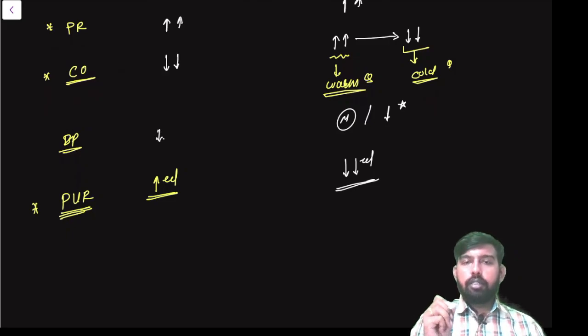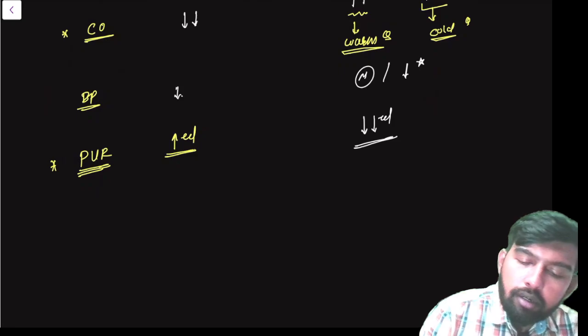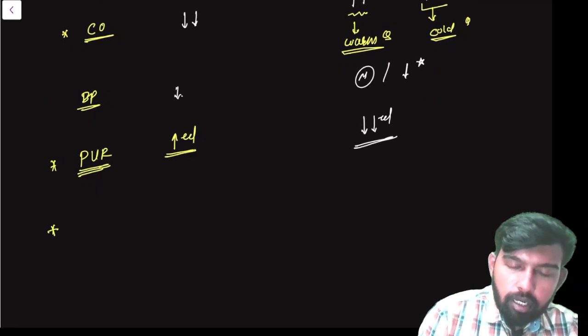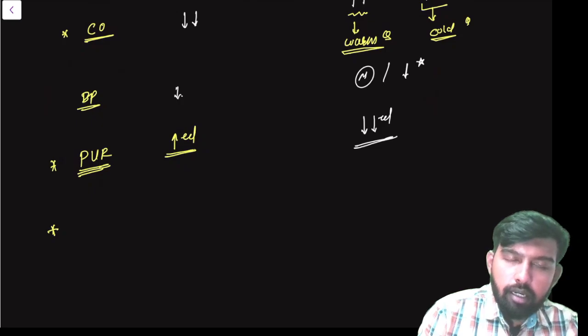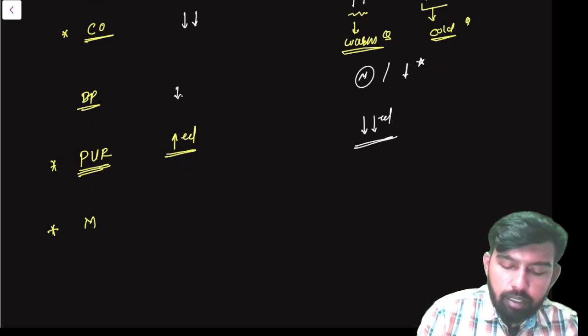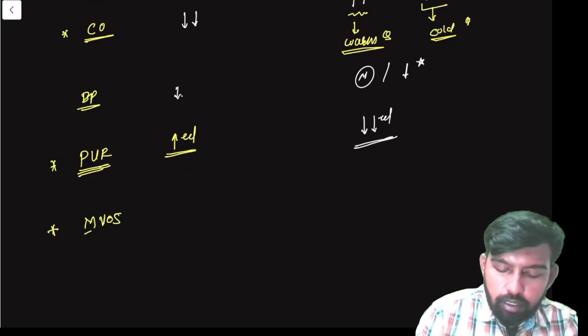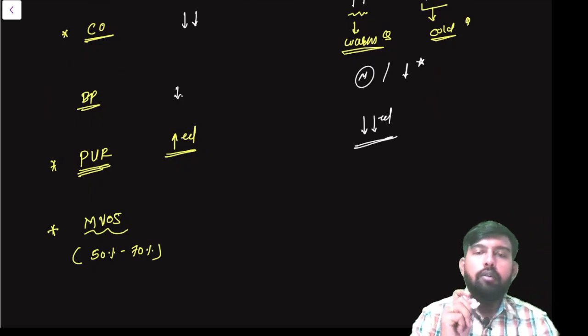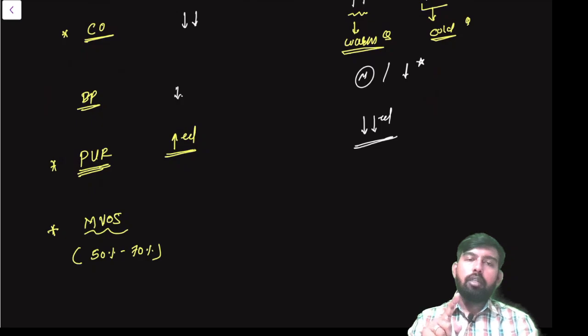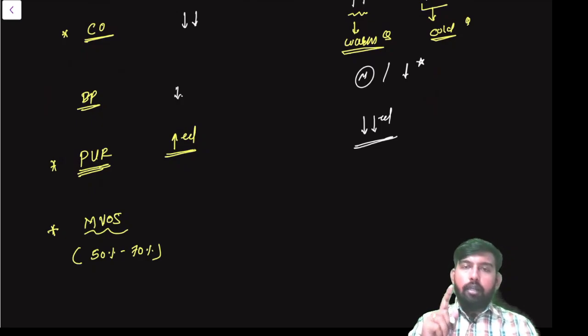Another most important difference between hypovolemic shock and septic shock is the mixed venous oxygen saturation. Normal mixed venous oxygen saturation is 65 to 70%. What do you mean by mixed venous oxygen saturation? It is the percentage of saturation present in the blood returning towards the heart.